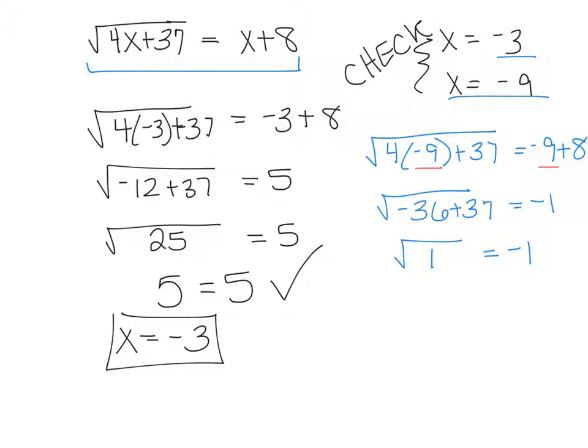And remember, when taking the square root of a number, when checking your solution, you always take the positive number. So the square root of 1 is going to be positive 1. Now, positive 1 does not equal negative 1. So that means that x equaling negative 9 is not a solution to our problem. The only solution we have is x equals negative 3.